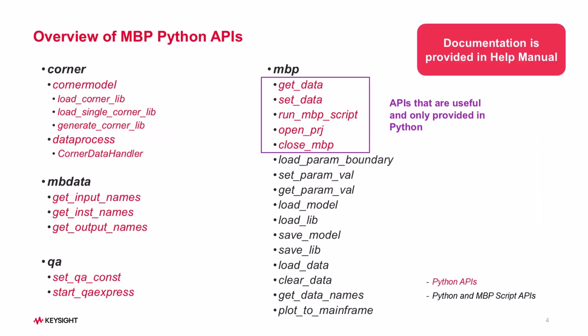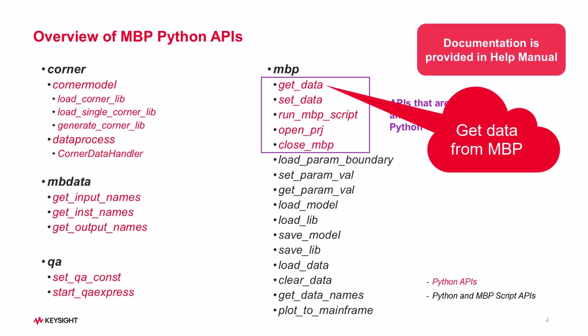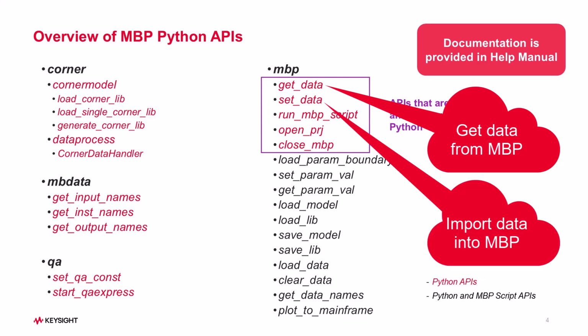This is an overview of the MBP Python APIs. The names of the modules typically indicate their purpose. For instance, the function getData is used to get data from MBP, while setData is used to input data into MBP.